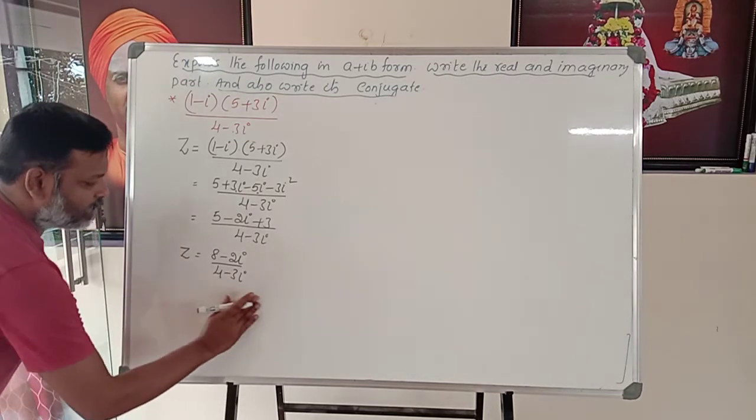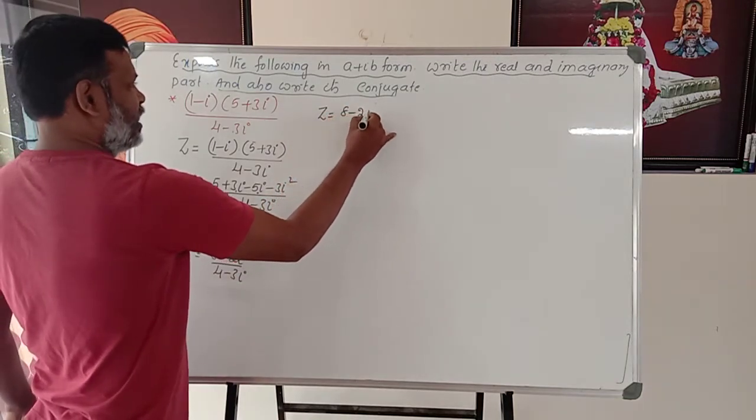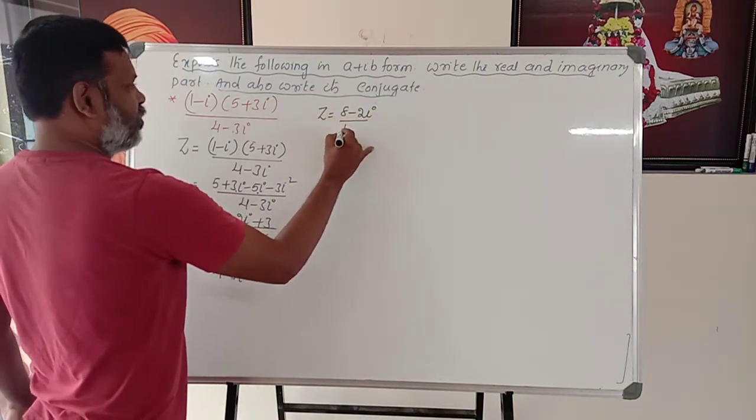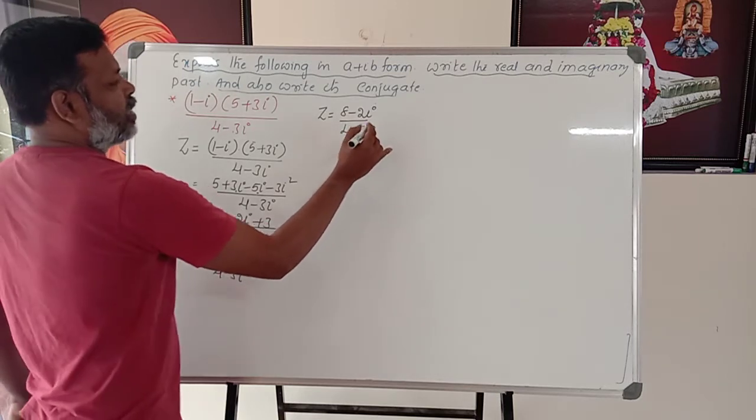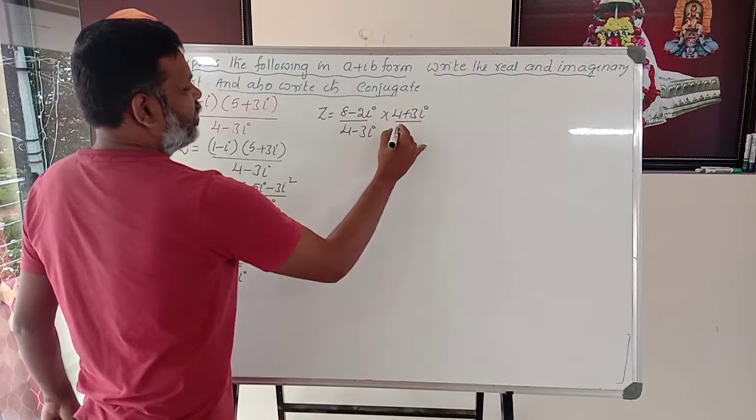Let's do it here itself. Z is equal to (8 minus 2i) divided by (4 minus 3i), into (4 plus 3i) divided by (4 plus 3i).